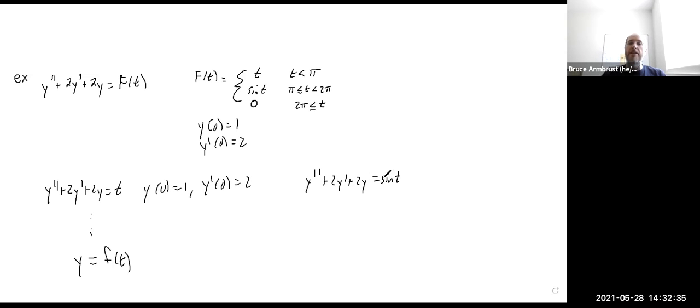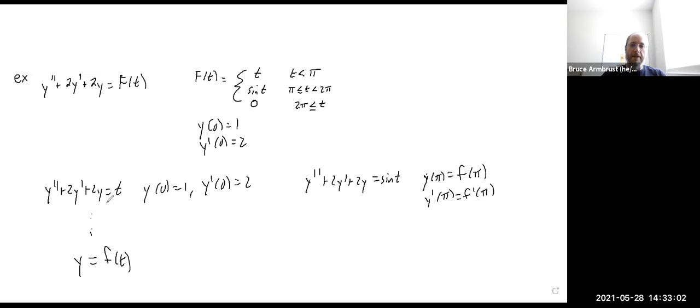The initial conditions for this would be the ending conditions for the first one. So we would need y of pi to equal f of pi, and we would need y prime of pi to equal f prime of pi.